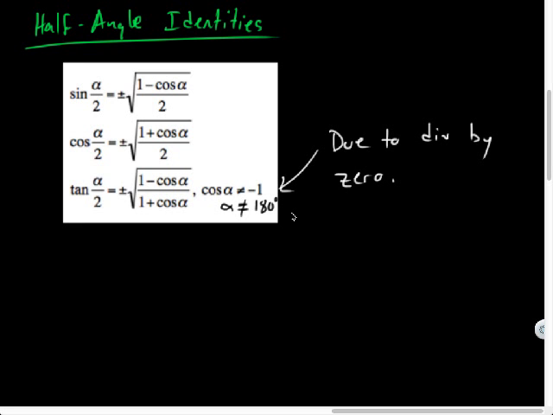So that's worth pointing out. And actually, thinking even further, if alpha is 180 degrees, that means I'm trying to find the tangent of 90 degrees. And you guys already know that tangent of 90 is undefined. So it's all interconnected. It's all making sense. Good stuff. All right, let's do an example of this.